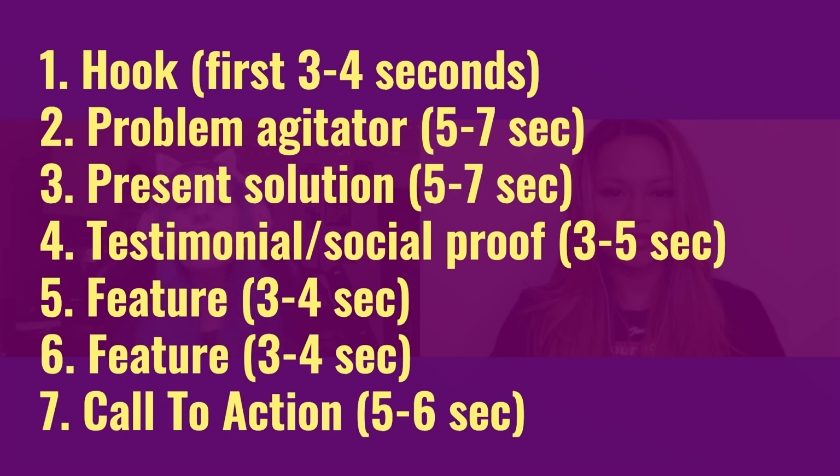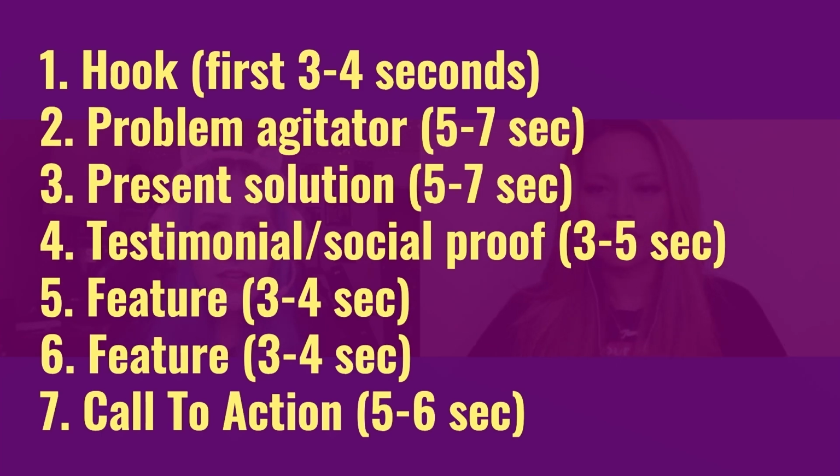Next, you're going to provide testimonial or social proof. That's going to be 3 to 5 seconds. Now, we're going to add features. So parts 5, 6, maybe 7 are going to be 3 to 4 second features about your product. And finally, the last step, call to action. This is 5 to 6 seconds.